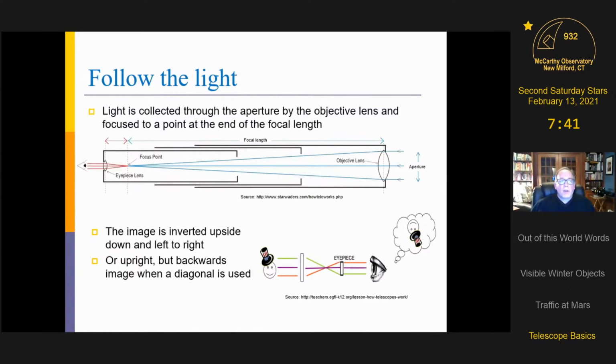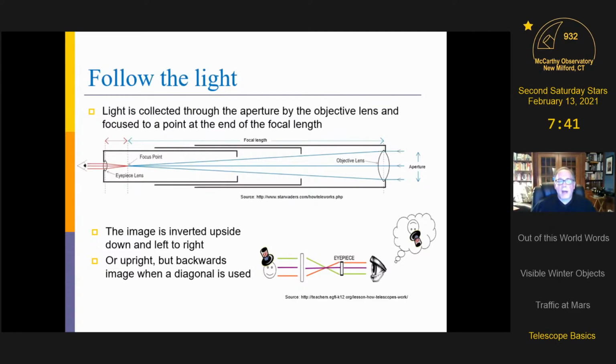Now, when you're looking through a refractor, as I said before, the light comes in through the aperture and reaches a focal point at the end of the focal length. You use an eyepiece to take that light that's been focused at the focal point and make it so that you can see it through your eye.